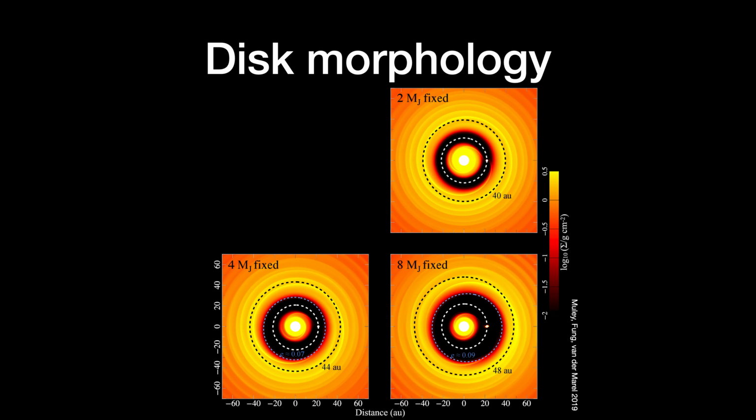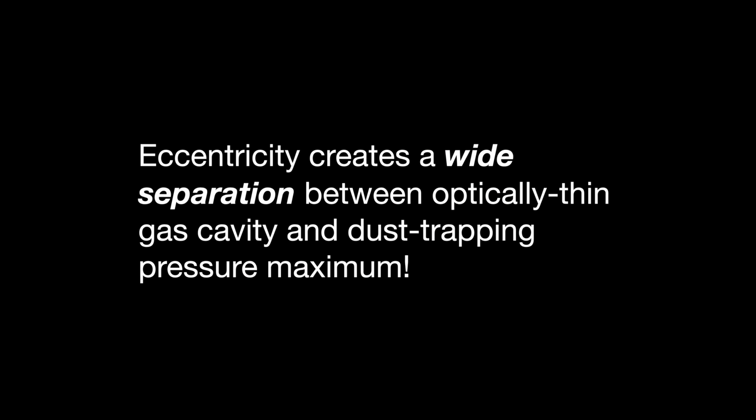But in many of these transition cavities, as we'll see in a little bit, observationally there's a wide separation between these. And if you want to actually produce that wide separation with a circular planet, you'd need very, very large planets in the brown-dwarf regime. So in essence, what we've found is that eccentricity creates a wide separation between your optically thin gas cavity and the dust trapping pressure maximum at the outside.